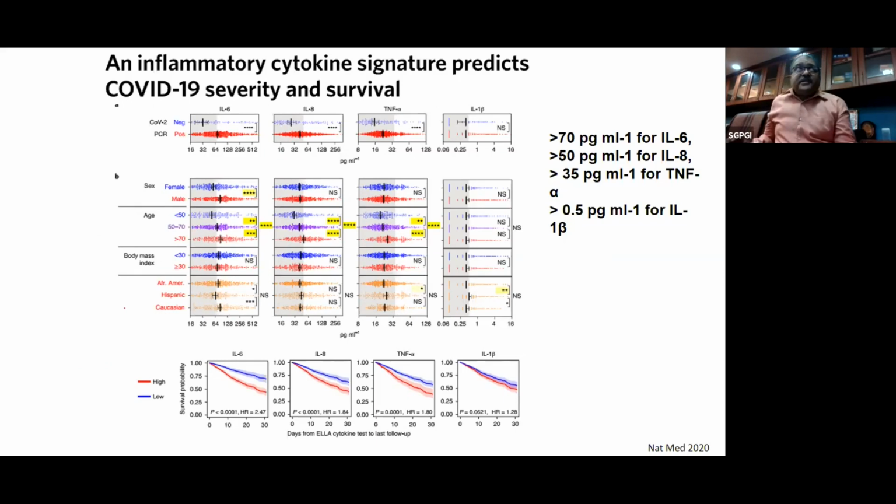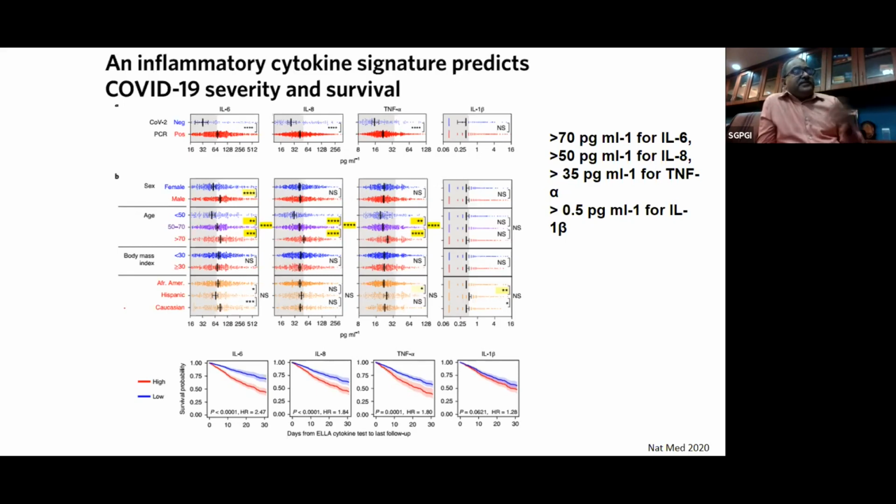If somebody is interested in assessing the outcome as far as the level of cytokines is concerned, this is the study that needs to be followed, where they have given a level of more than 70 for IL-6, more than 50 picogram per ml for IL-8, more than 35 for TNF-alpha, and more than 0.5 for IL-1 beta. And it has clearly shown that patients who have severe disease will have a poor outcome.